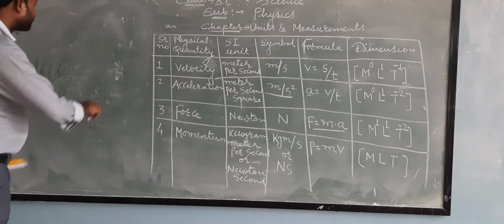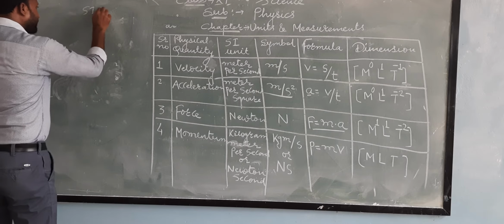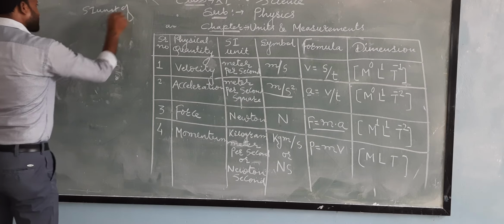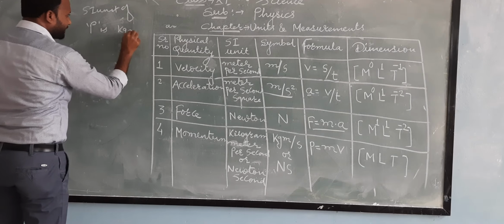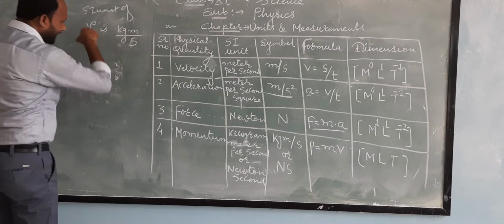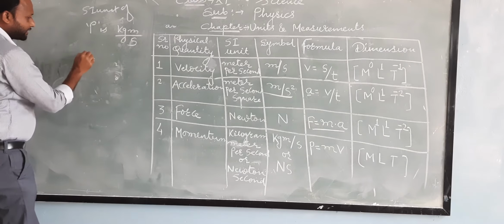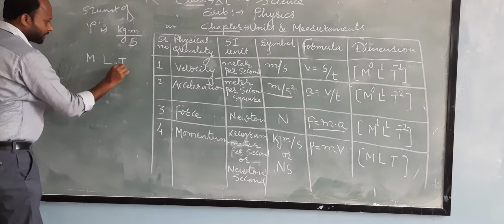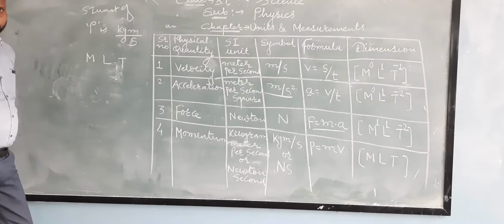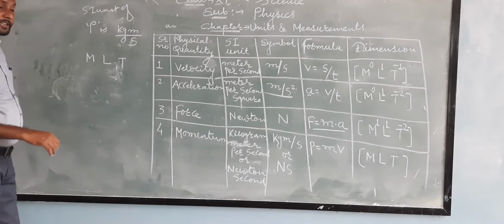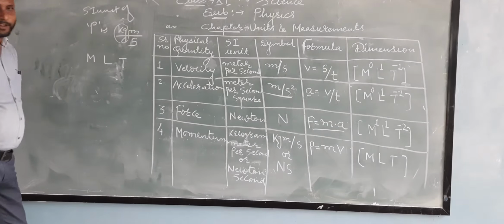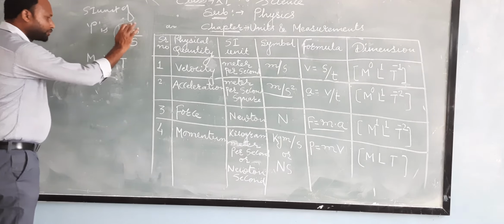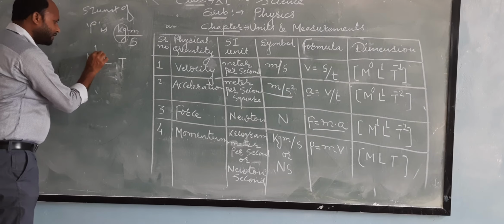So the SI unit of momentum is kg meter per second. Now we will find its dimension. Here m stands for mass, and the SI unit of mass is kilogram. Kilogram is present in this SI unit, and it has no visible power, which means the power is 1.